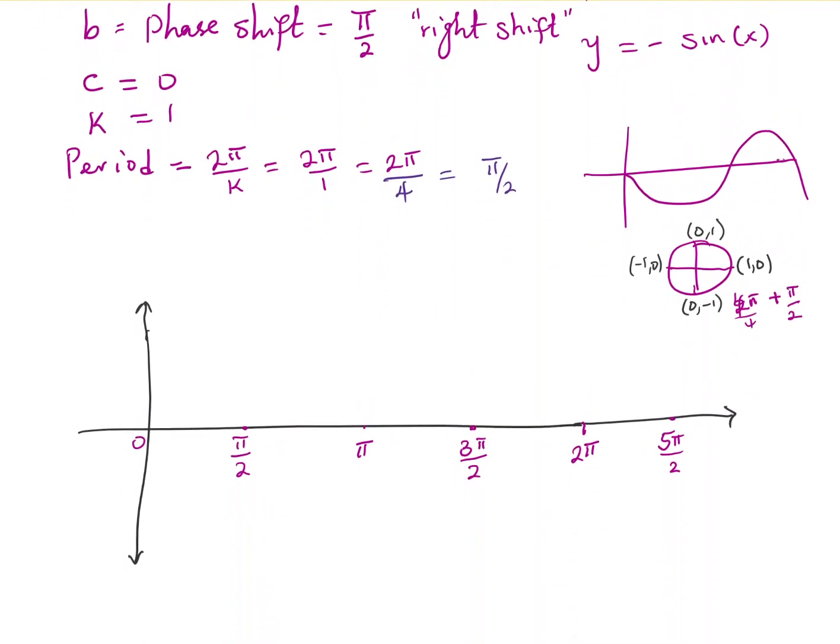So we need to multiply the y values by 2. So if we do that, this is still 0. So here is 0. And if we come down, then we have negative 2. So if this is negative 1, negative 2, 1, 2, here will be negative 2.